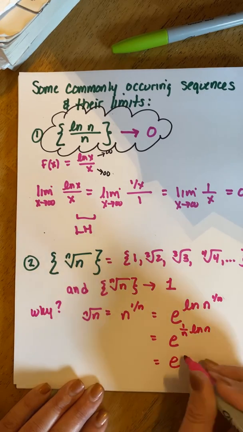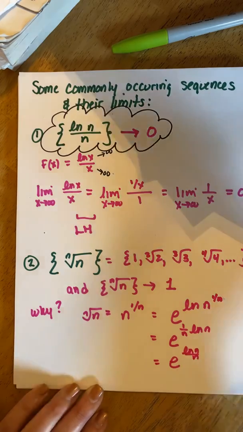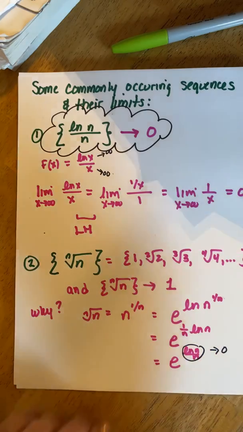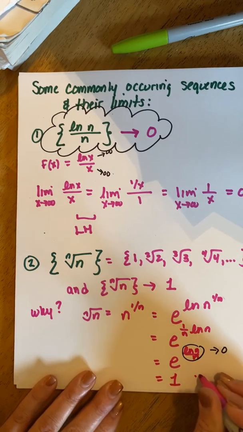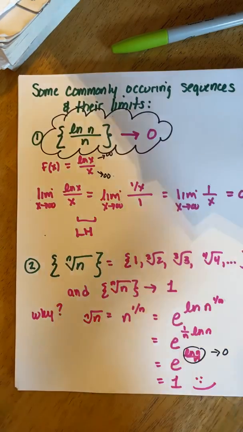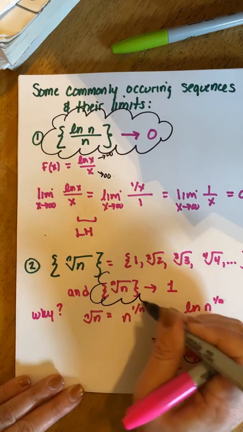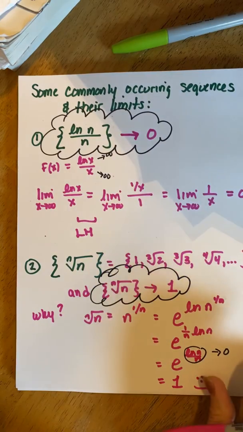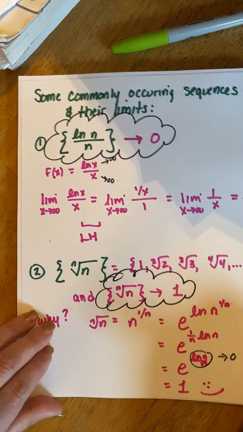But this is e to the natural log of n over n, and we just showed up top that this goes to 0, and e to the 0 is 1. So the nth root of n converges to 1. Again, keep that in your little side notes.